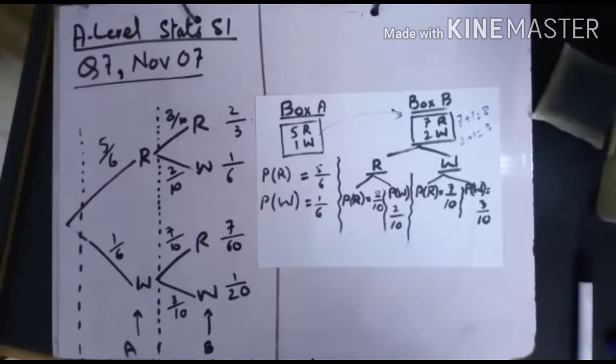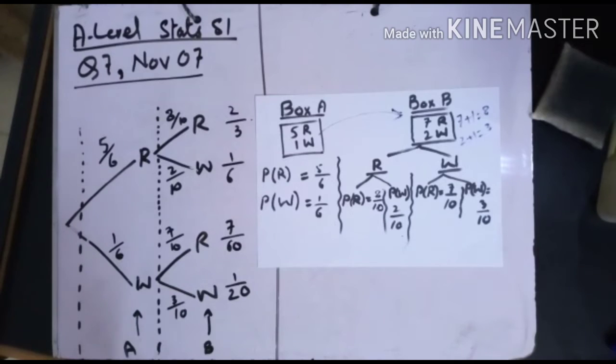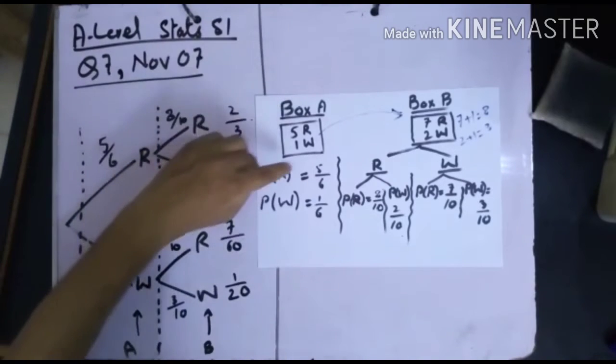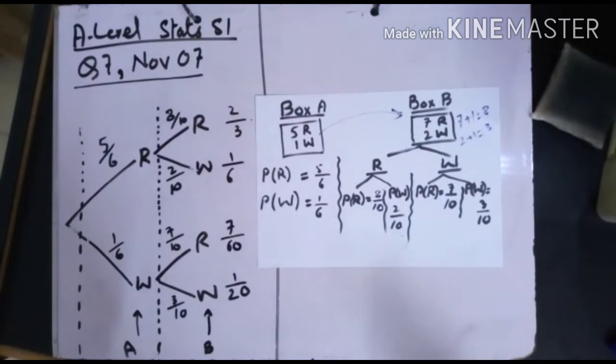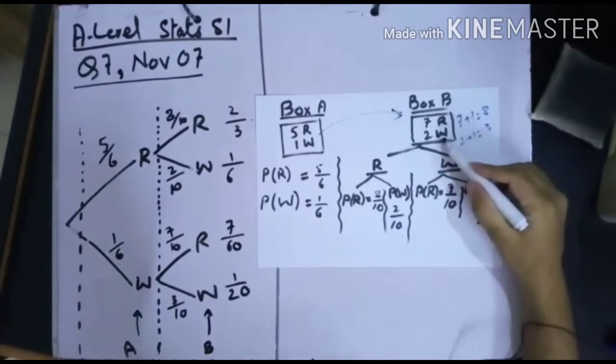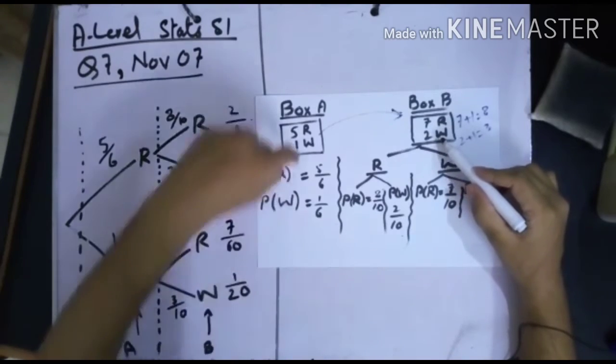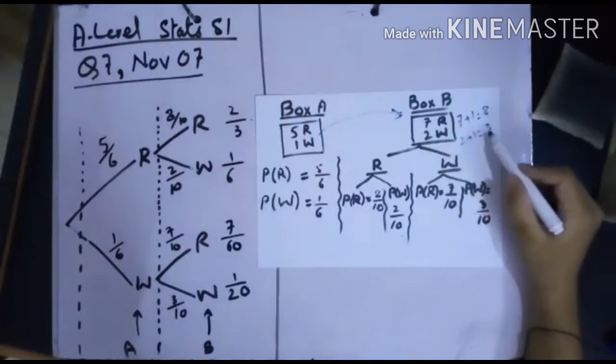Let us suppose, in the second case, the paper clip drawn from box A is white. Then there will be a change in the white paper clips. The initial was 2 white paper clips, but if one is added, it will become 3: 2 plus 1.